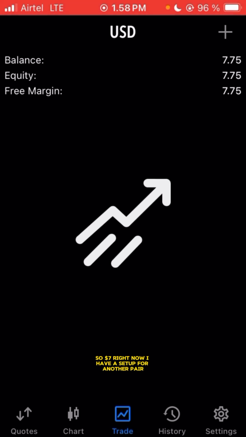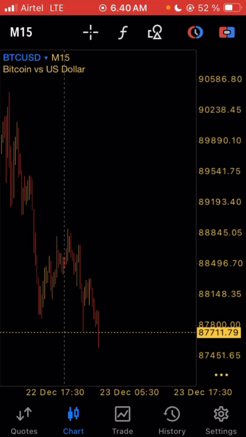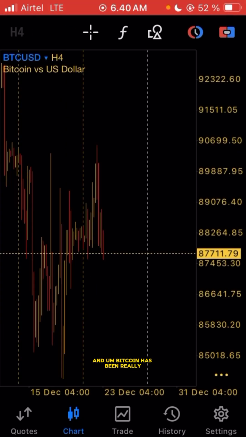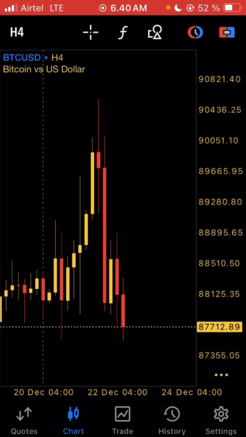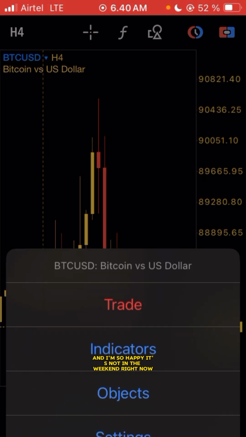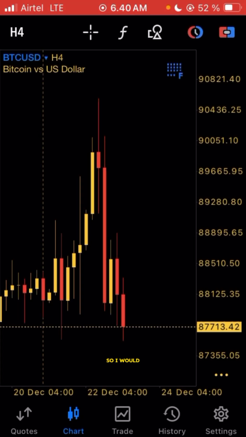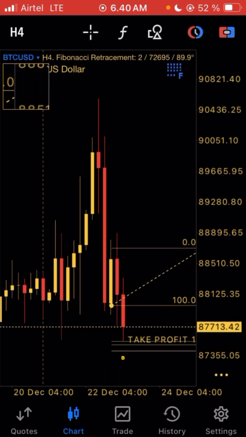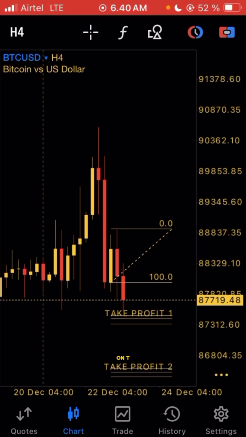I have a setup for another pair, and here is the setup. So this is Bitcoin, right? Bitcoin has been really messy in a couple of days, and I'm so happy it's not the weekend right now, because we trade on the weekend as well on the VIP, so I would be more worried.